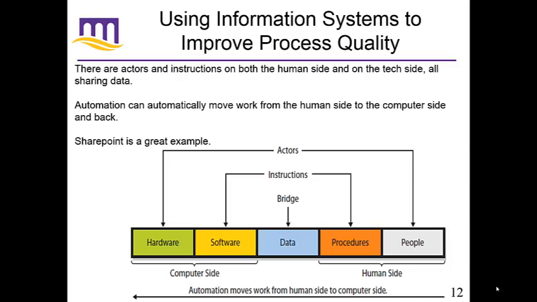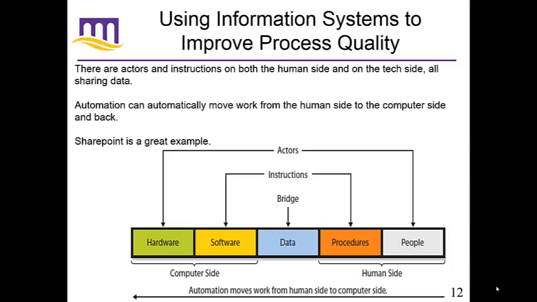And so what we have here is actors who are doing activities in the business, right? They have certain instructions or roles or processes that they need to do. Those are identified either through software or through procedures.